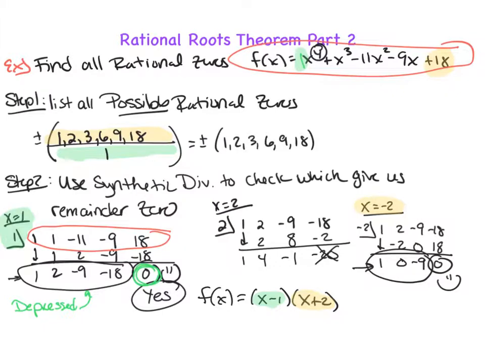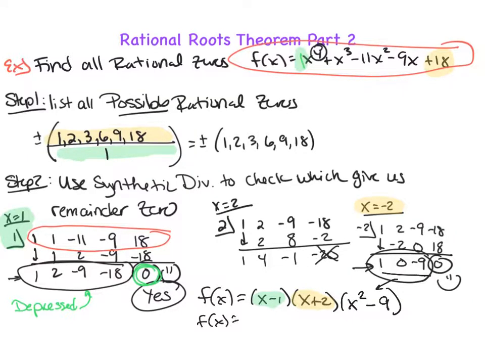And furthermore, it factors to x squared minus 9 from that further depressed polynomial. So the first one in green told us that x minus 1 is a factor. The second one in yellow told us that x plus 2 was a factor, and its depressed polynomial that's left over is x squared minus 9, which hopefully we all know how to factor.